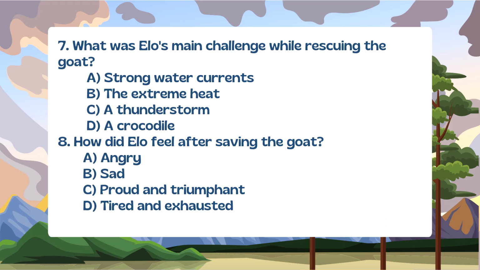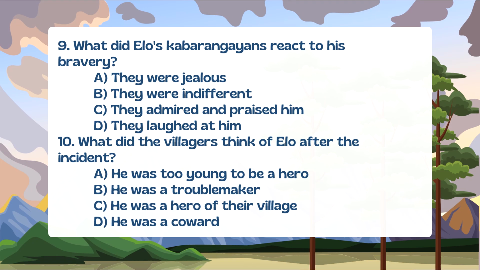8. How did Elo feel after saving the goat? C. Proud and triumphant. 9. How did Elo's kabarangays react to his bravery? They admired and praised him, letter C. 10. What did the villagers think of Elo after the incident?